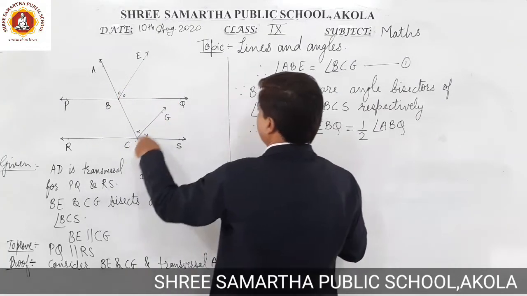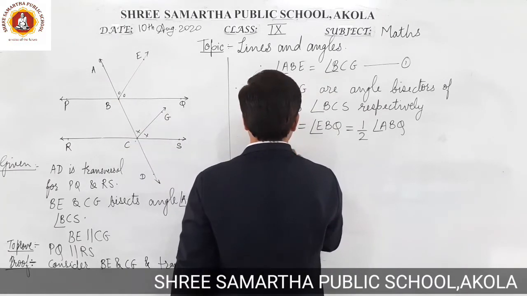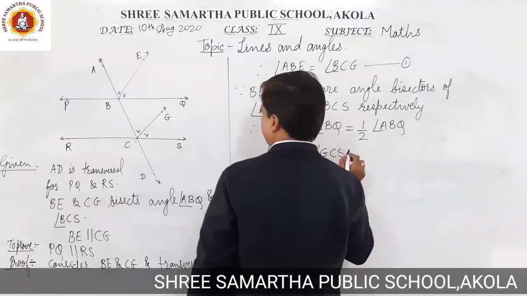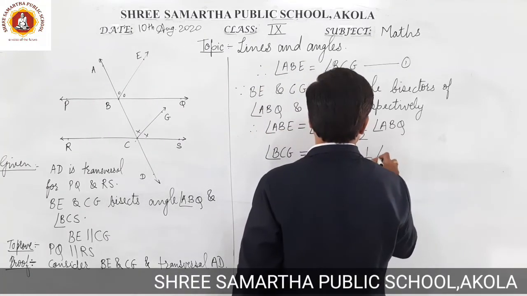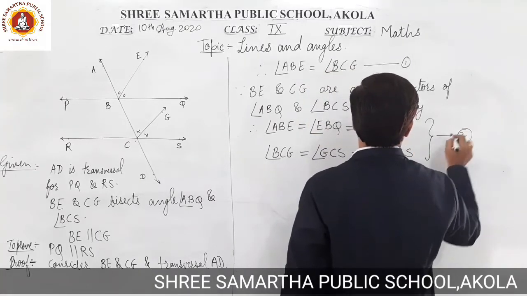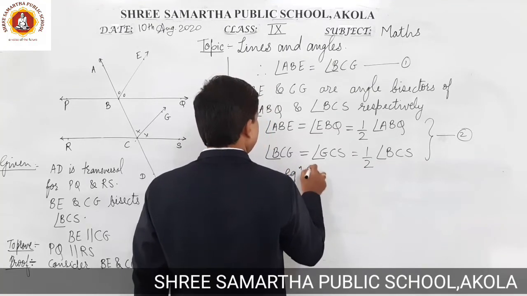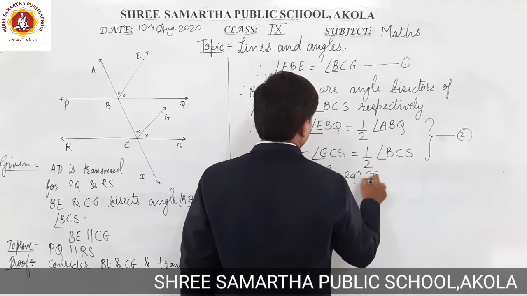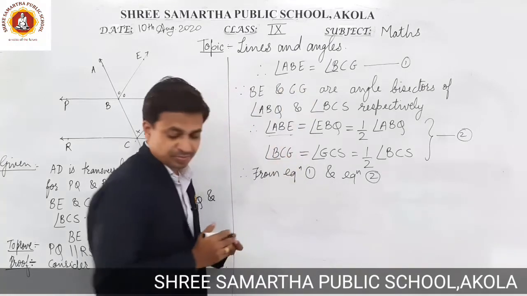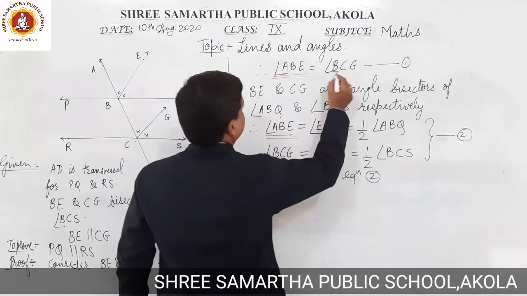Now CG is the bisector of angle BCS, therefore we will get angle BCG is equal to angle GCS, which is equal to half of angle BCS. This is our equation number 2. Now from equation 1 and equation 2, if you compare, here it is ABE, here it is BCG.